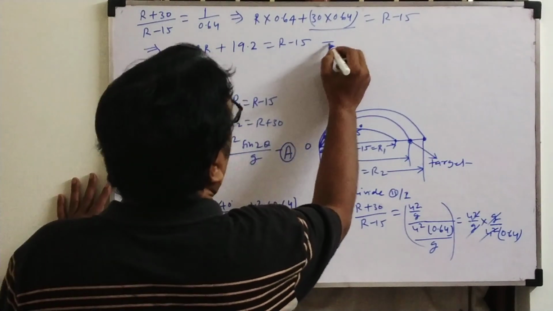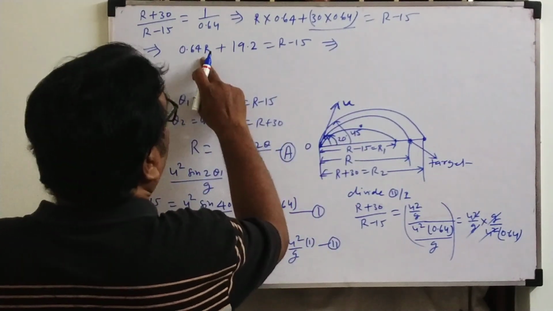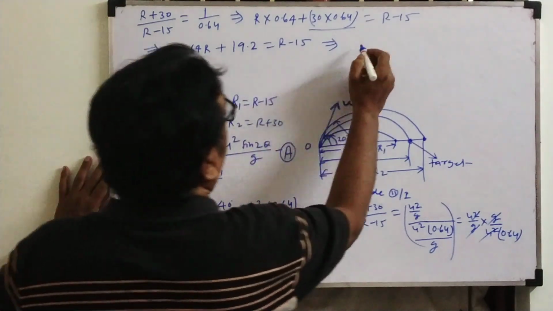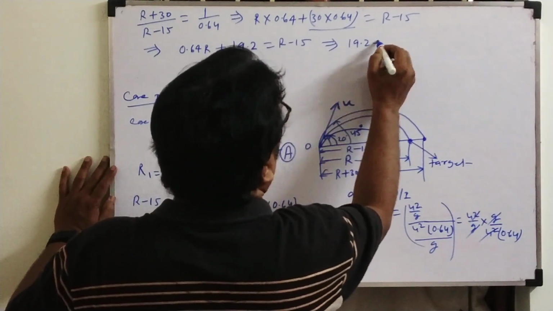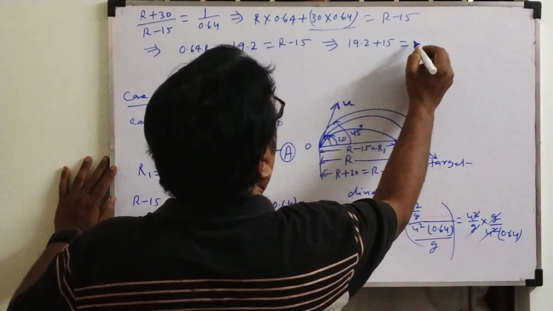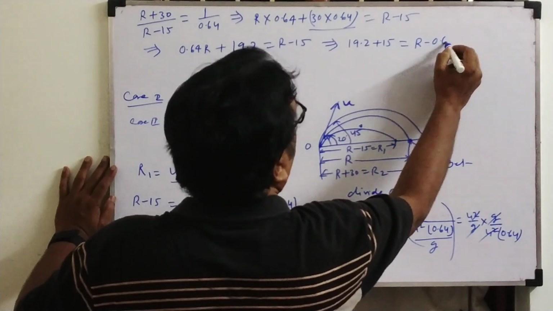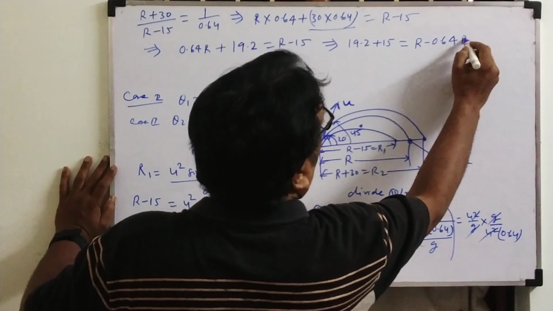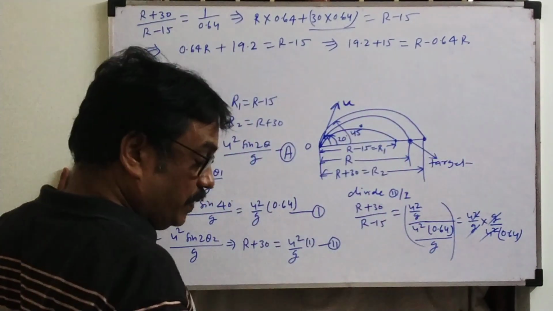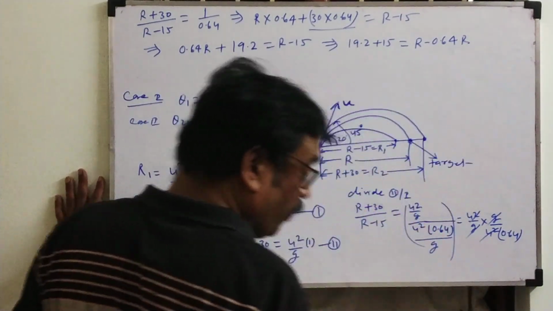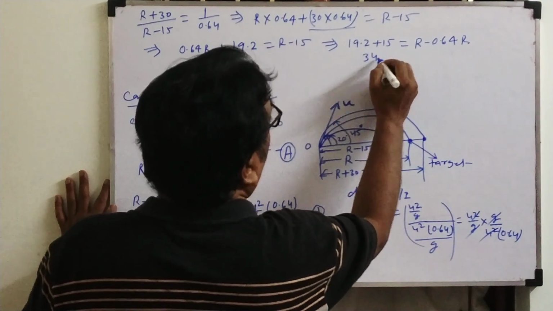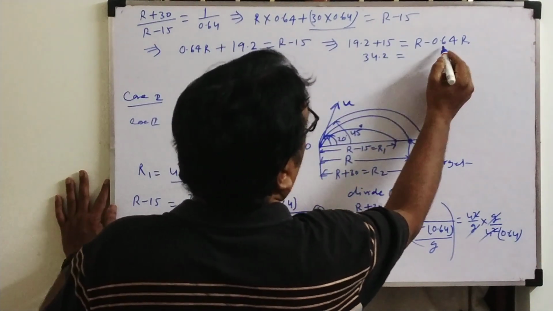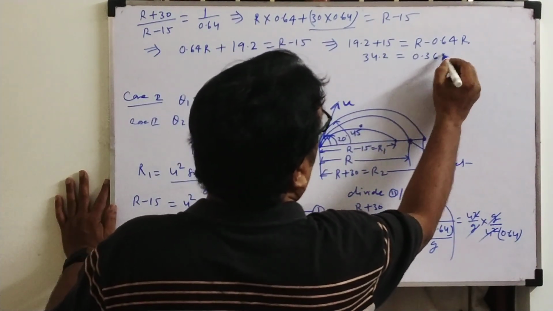Now bring this 15 here. So 19.2 plus 15 is equal to R minus 0.64R. So 19.2 plus 15 comes to 34.2, and that is equal to 0.36R.